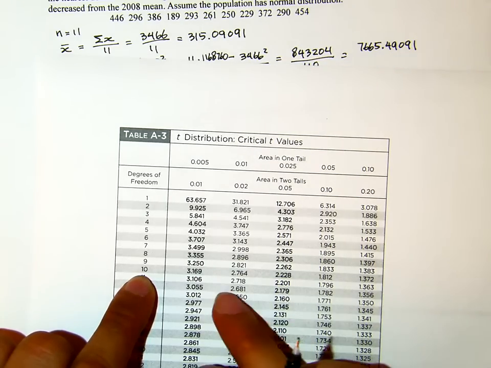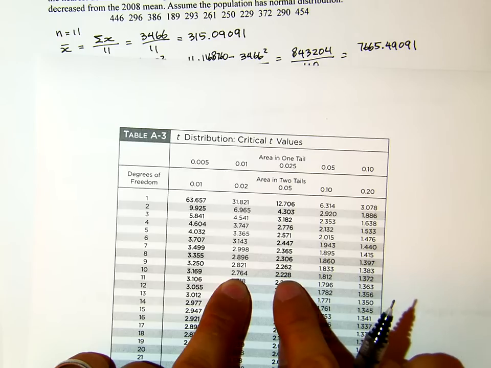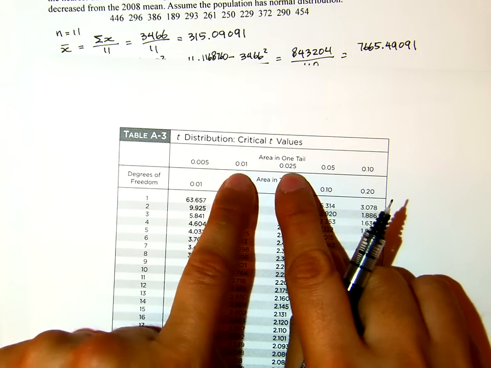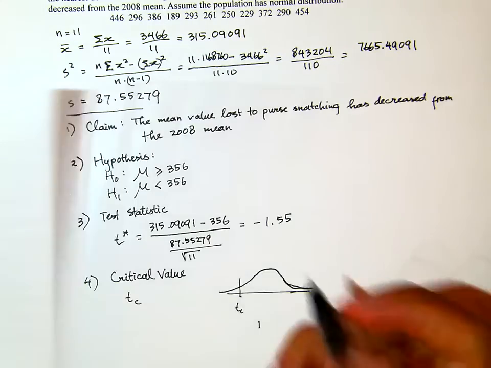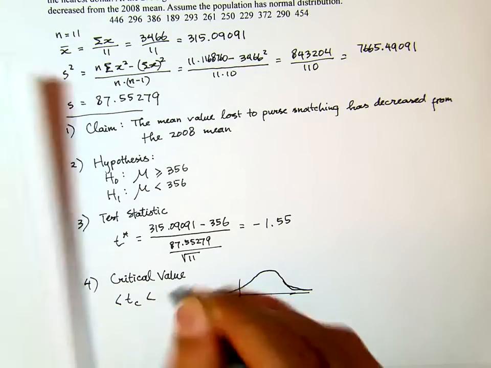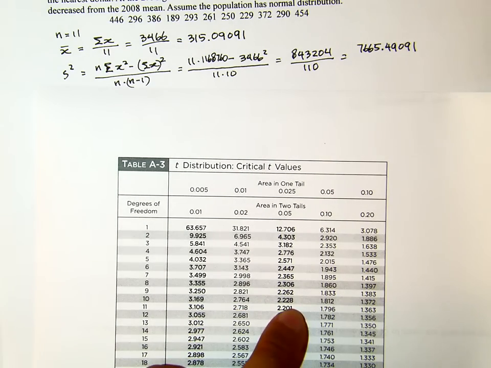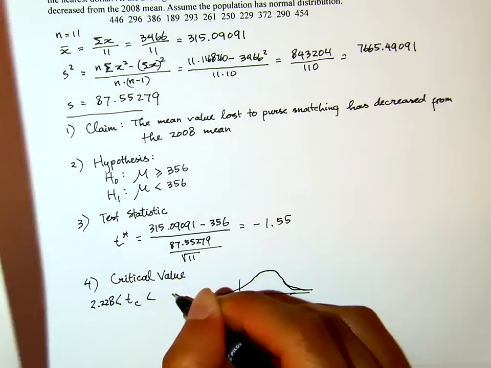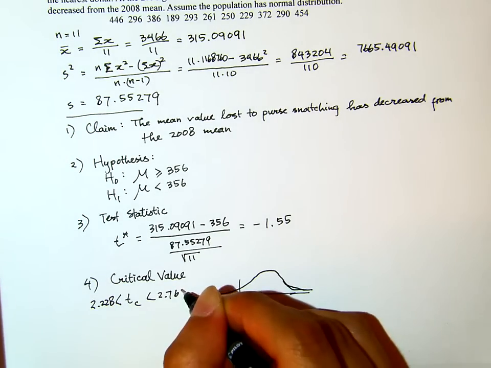The 2% significance level on one tail, we can't really tell exactly, but we can tell that the t critical will be between 2.228 and 2.764.